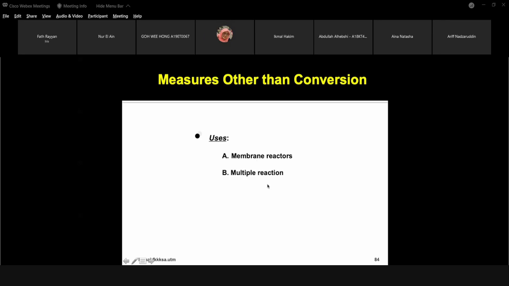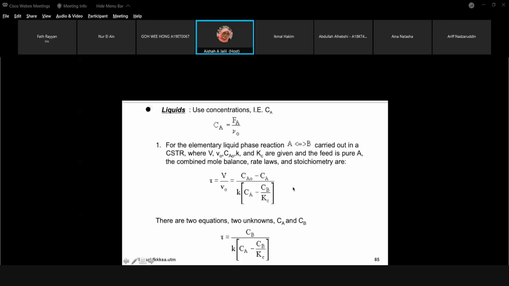Okay, you can see in the textbook. If you don't want to mention in terms of X, you have to mention in terms of, for example, something like this. For example, liquid phase reaction uses concentration. So you know C is equal to F over v naught.